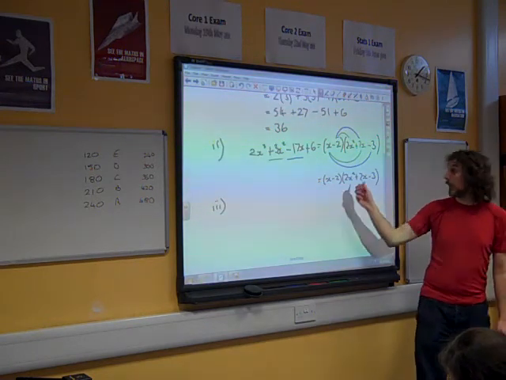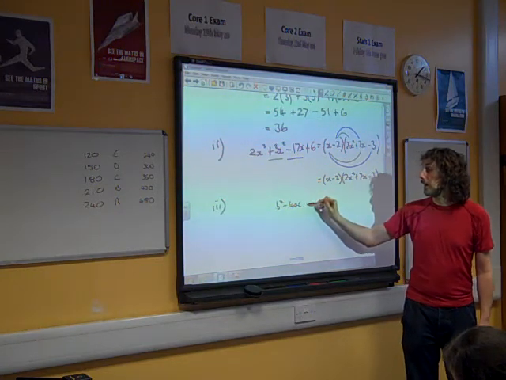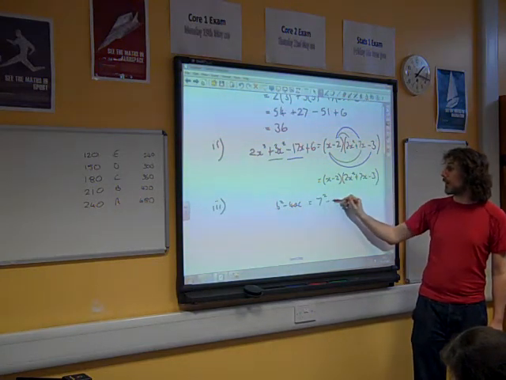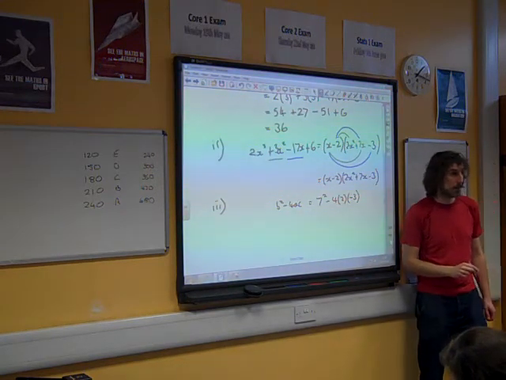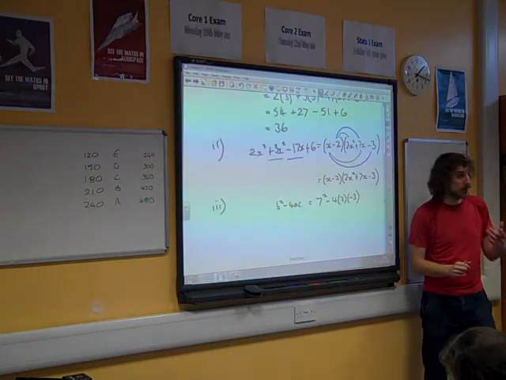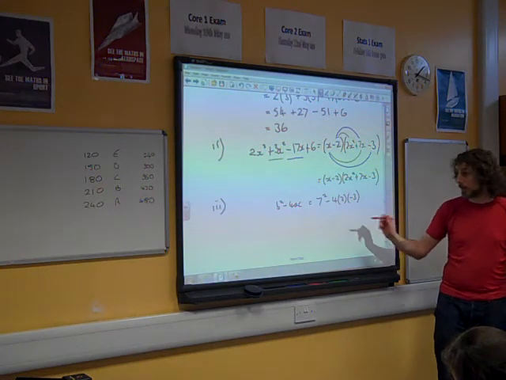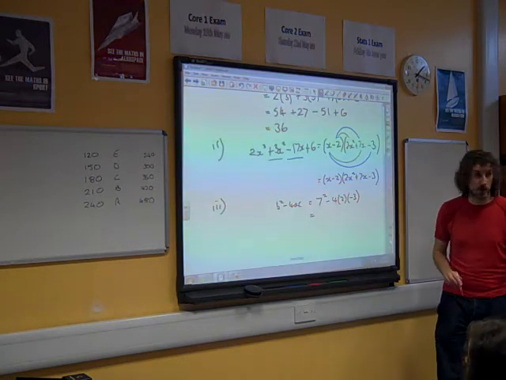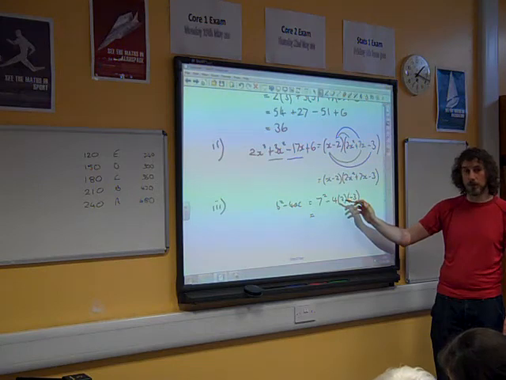So if we consider that bit, the discriminant b squared minus 4ac is 7 squared minus 4 times 2 times negative 3. Now I know the only thing we really care about is is this positive or negative? But I think we should actually show the value that we get, just to demonstrate that we've worked it out.